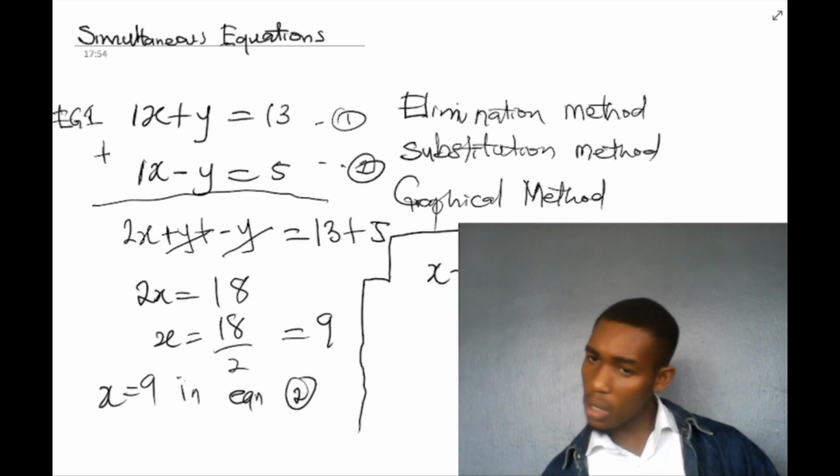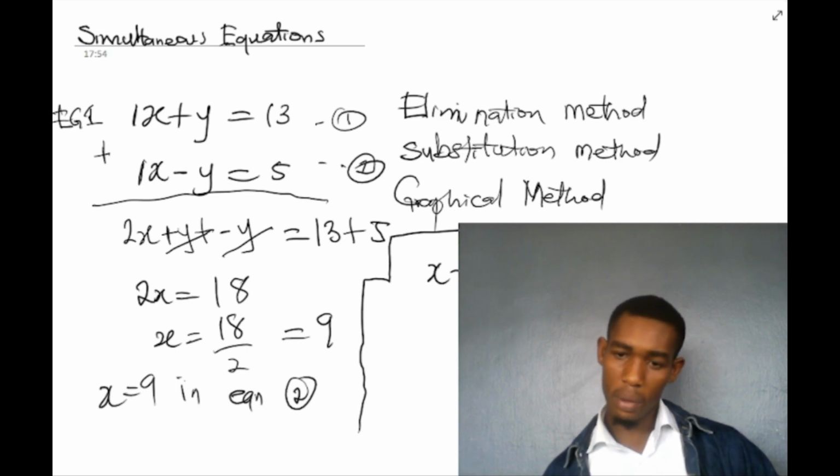I'm going to collect like terms, so the numbers go together. I'll have minus y equal to 5 minus 9, and that gives me minus y equal to minus 4, and then y is equal to 4 because the negatives cancel each other. That's pretty simple.